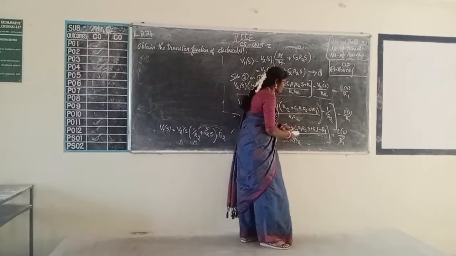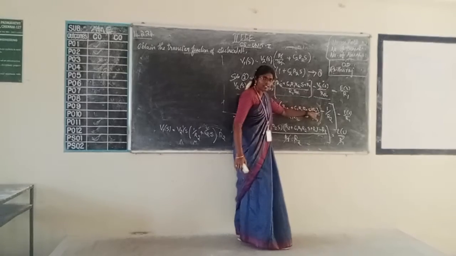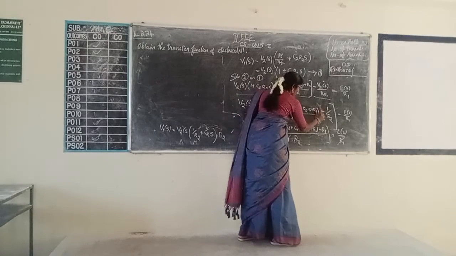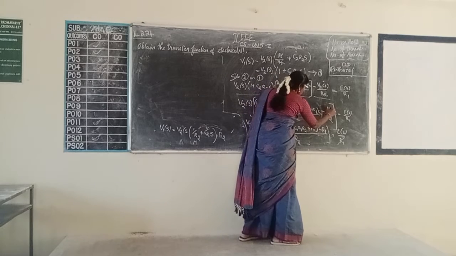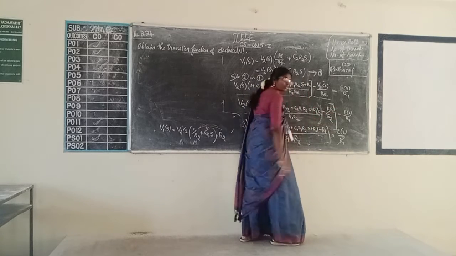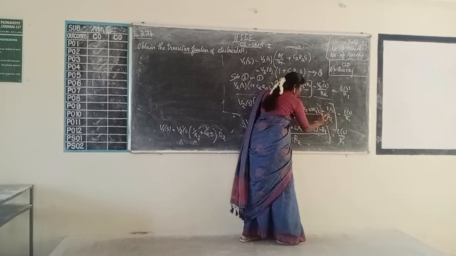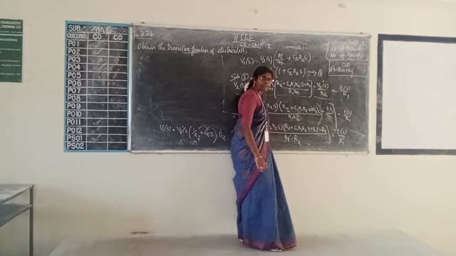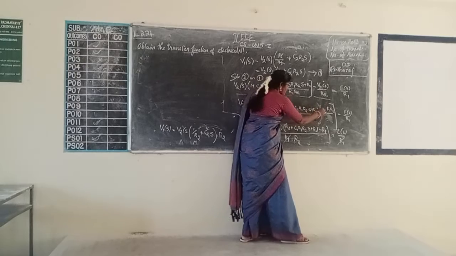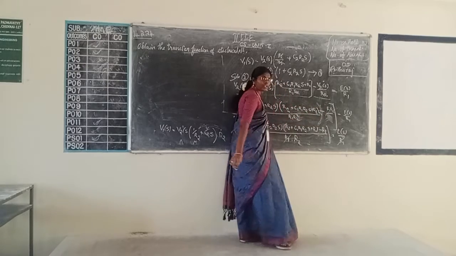After cross multiplying, in the numerator there is an R1. And here the term is R1 R2, correct? So after cross multiplying, these two things will get multiplied. Here one R2 will get cancelled.